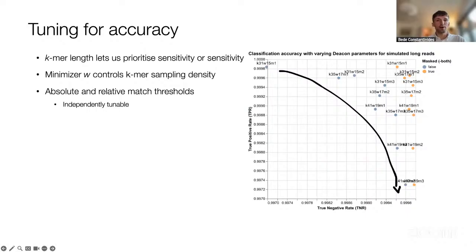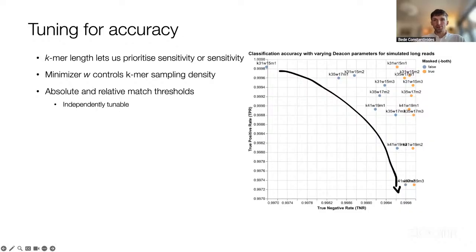So the main surprise for me in developing Deacon was how accurate a k-mer-based approach can be, even when dealing with relatively error-prone and challenging-for-k-mer-based-methods ONT reads. Being a k-mer-based method, we can effectively choose where we end up on a sensitivity-specificity axis.